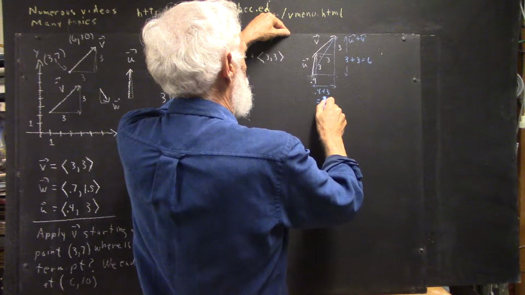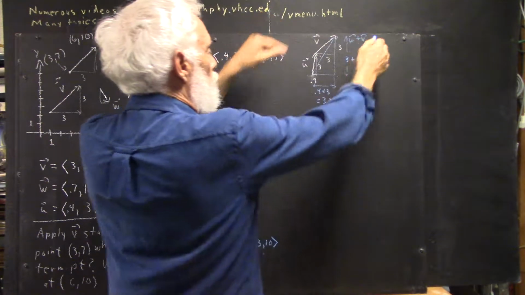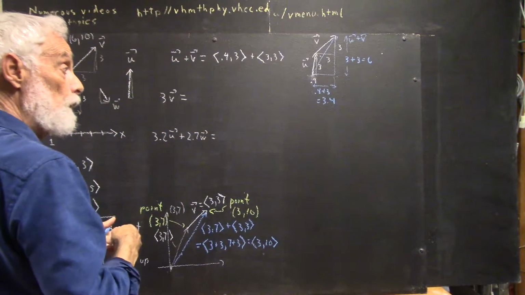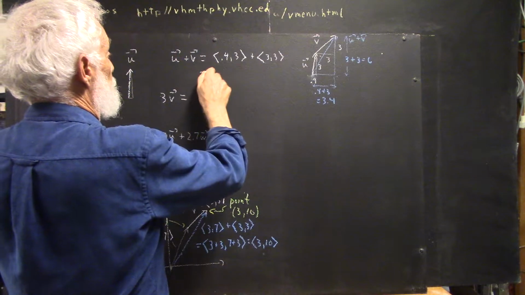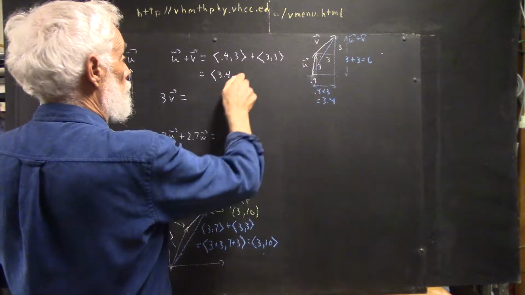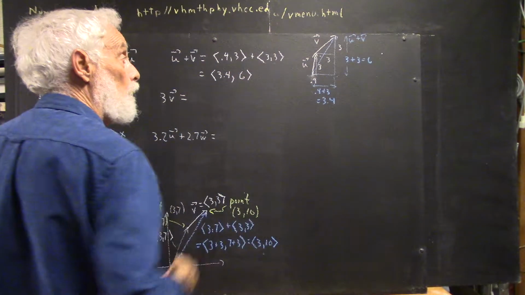So this is 3.4 units, this is 6 units. So the u plus v vector moves us 3.4 units in the x direction, 6 units in the y direction.